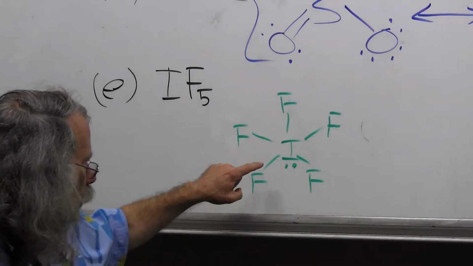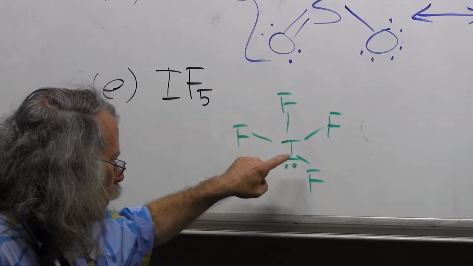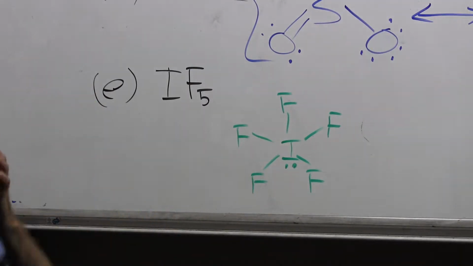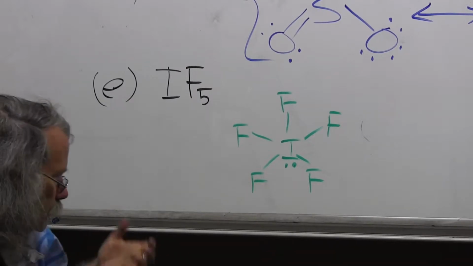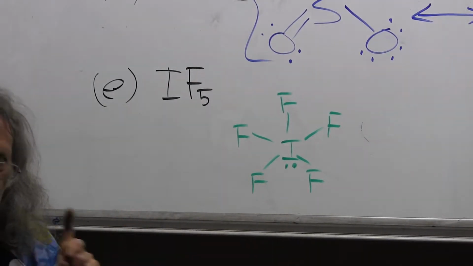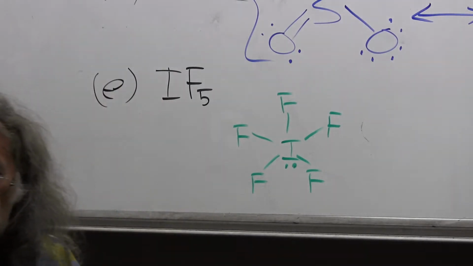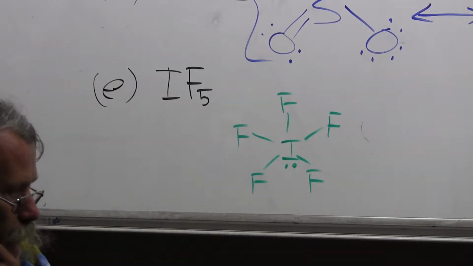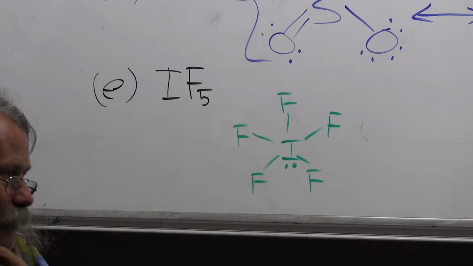And I have 1, 2, 3, 4, 5, 6. Well, 6 is going to require octahedral E-pair geometry. And since there's 1 lone pair on the central atom, the molecular geometry is not going to be the same as the E-pair geometry.